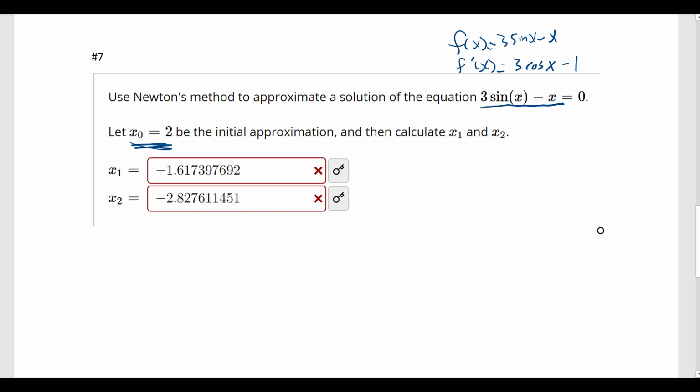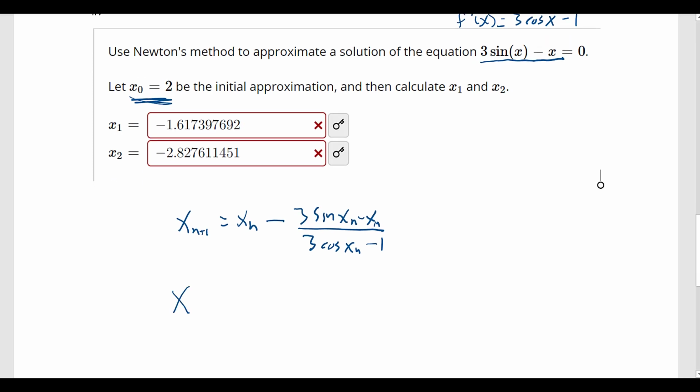So our formula is x sub n plus 1 equals x sub n minus 3 sine of x sub n minus x sub n, all divided by 3 cosine of x sub n minus 1. We start by getting x1, and that's going to be 2 minus 3 sine of 2 minus 2 over 3 cosine of 2 minus 1.